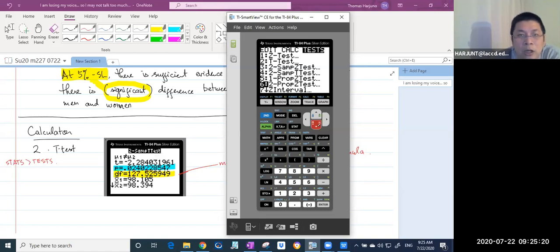Now if you go further down, the Z interval is for confidence intervals. This is the confidence interval for the mean with known population standard deviation. The T interval option is the confidence interval for mu with unknown population standard deviation. Two-sample Z interval, if we need to create a confidence interval from this data here, you can. And this is the confidence interval for P, remember?